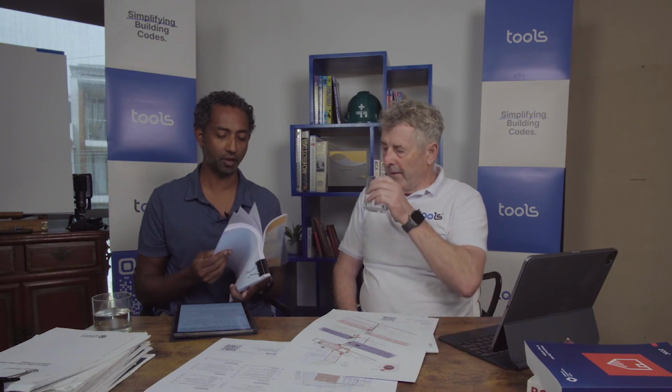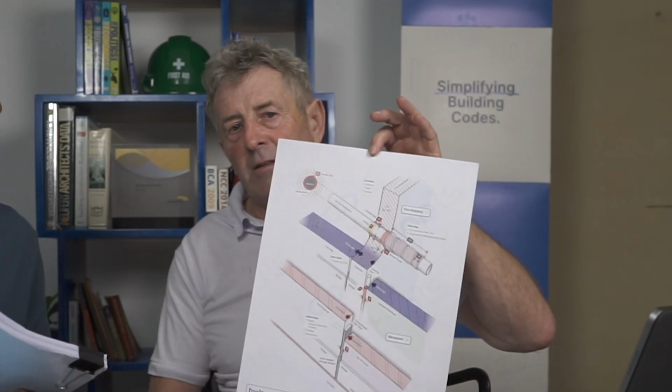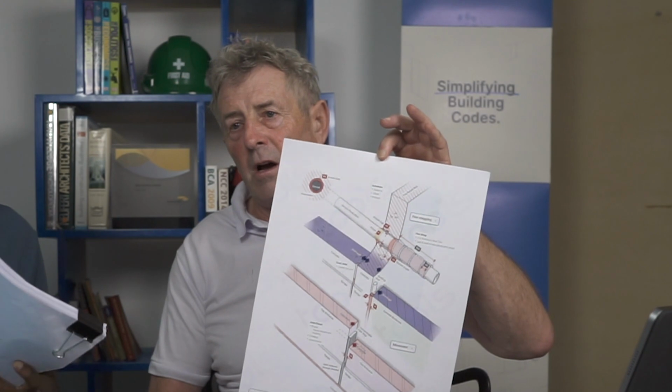So, and this may be pointing to the obvious, but you're telling me that this information is not in a standard specification. It might say 10 or 12 times, go to a certain standard, go to this, go to that, but it doesn't tell you exactly how, and it doesn't illustrate exactly how you need to install a high-risk component, which ideally you can see on your phone because the tradesmen have been told, if in doubt, you look at tools and make sure that it complies with tools.